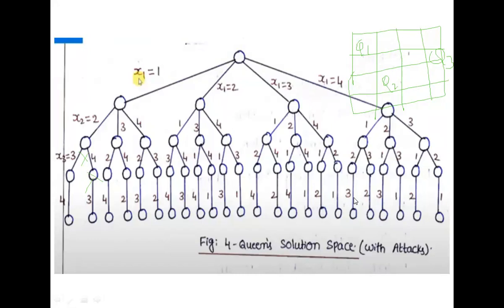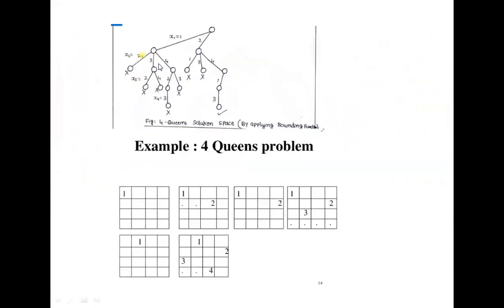I am explaining why, because of how we construct the state space tree in this way without considering the constraint. If you are in the exam, if you draw the diagram, then you directly write here in this way, and just tell that this one is not possible because it violated the implicit constraint. So this is a bounding function here.